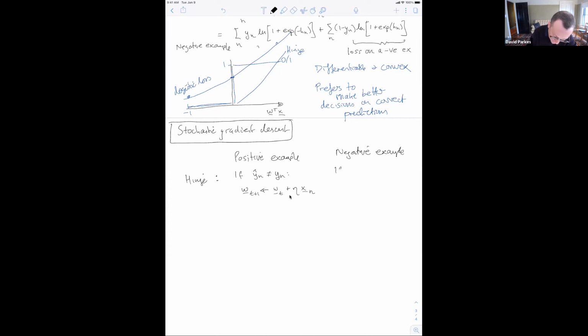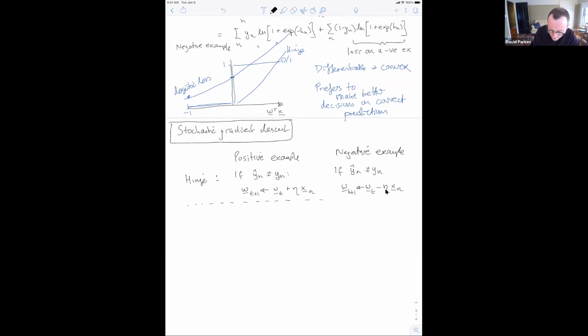And similarly for negative examples, if the decision is wrong, then we subtract the step size multiplied by the feature vector. And I showed you this in the animation at the end of last class for the special case of the perceptron algorithm where eta is equal to 1.